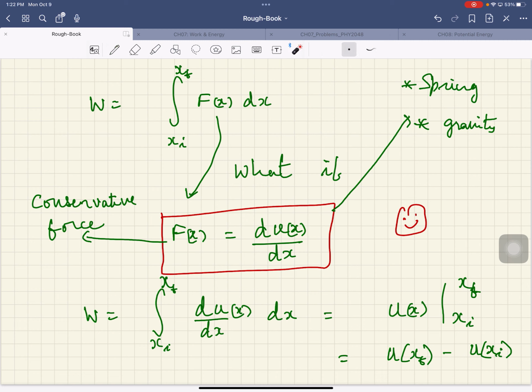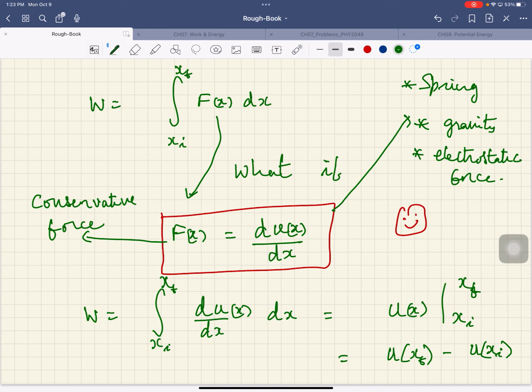You've already seen the spring force. Gravity you'll see in chapter 13. And the third force is the electrostatic force. These are the ones that are conservative forces.